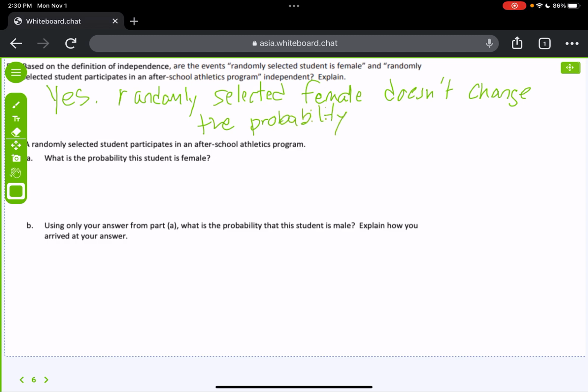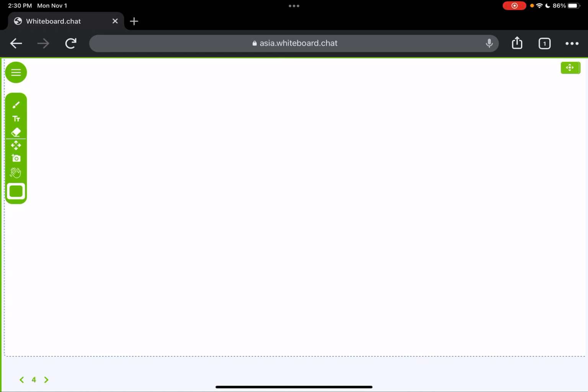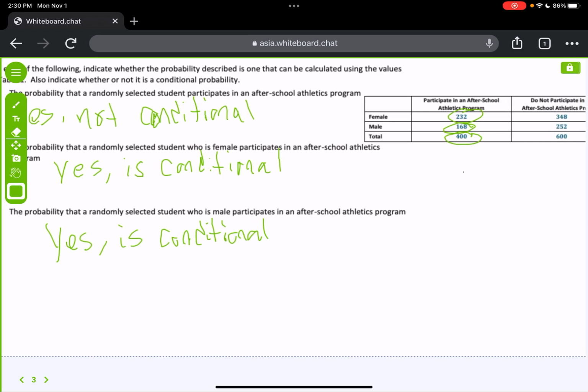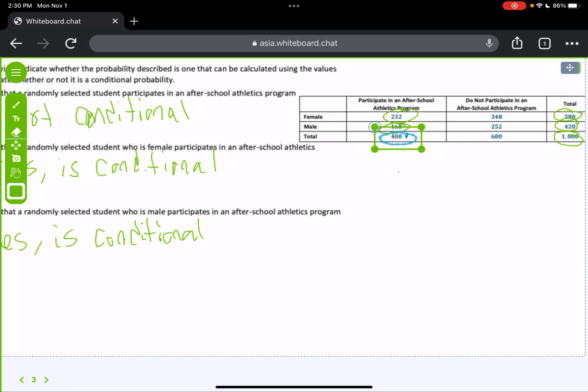Okay. Now it says a randomly selected student participates in an after-school athletic program. What is the probability that this student is female? Well, let's go back to our chart. Of the students that participate, the ones that participate is 400 total.